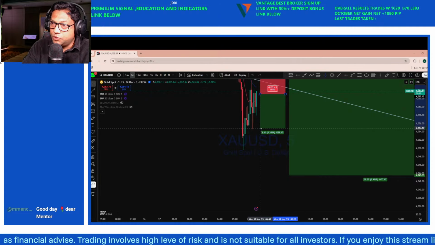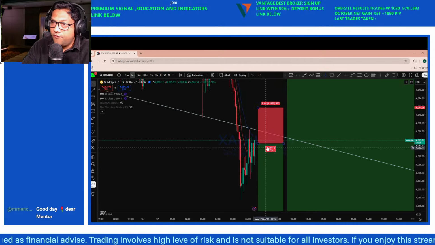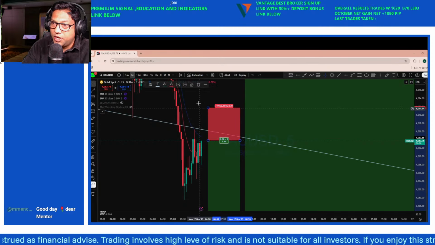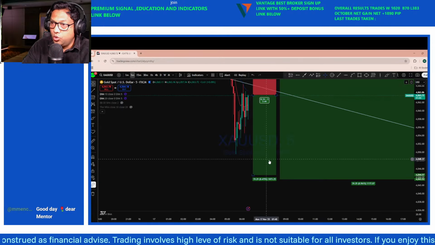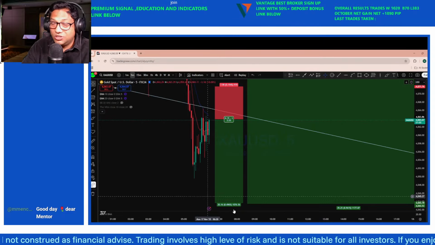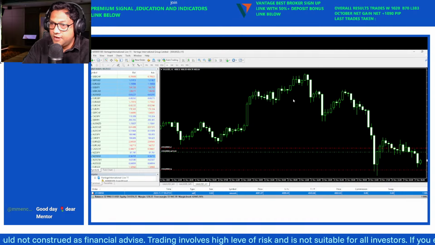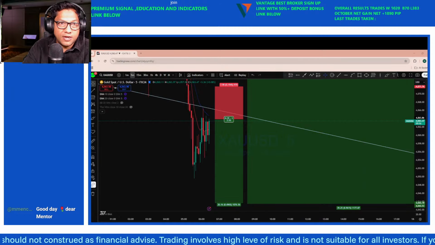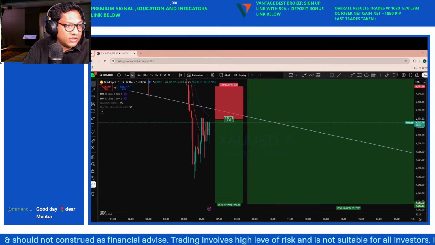This is the second position, adding to the winner from this level for this potential break below, with the same level of TP target and a tight stop loss. It's a market order for the second trade of the day.